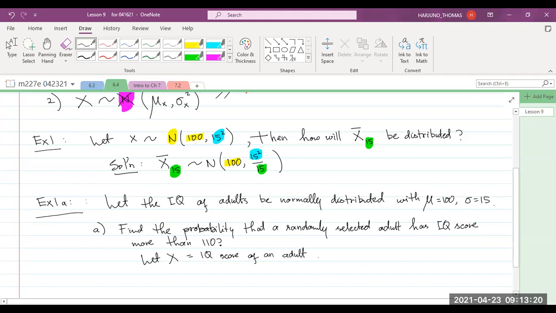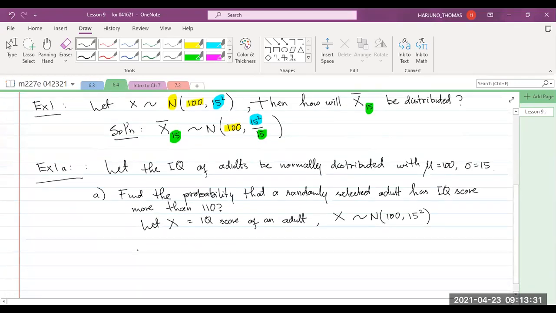Now we know that this IQ score will be normally distributed with mean 100 and standard deviation 15, so that the variance is 15 squared. Now, what is the probability that X is more than 110?